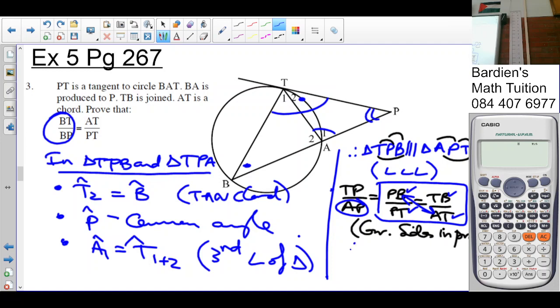So there you can conclude, therefore, AT over PT is equal to TB over BP. I think I made a mistake. They got BT over BP. Yes, it's right. It's just that I got it the other way around. They got BT over BP is equal to AT over PT. Yes, it's correct.